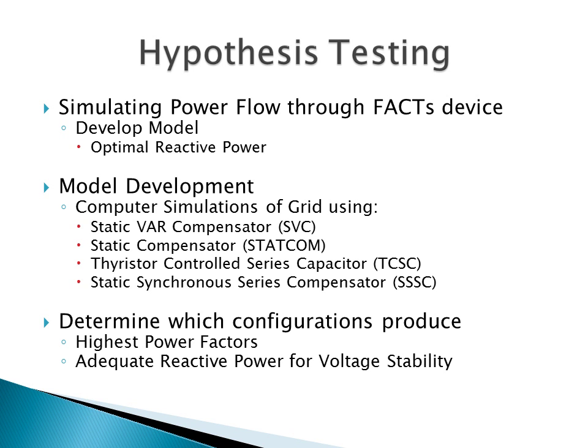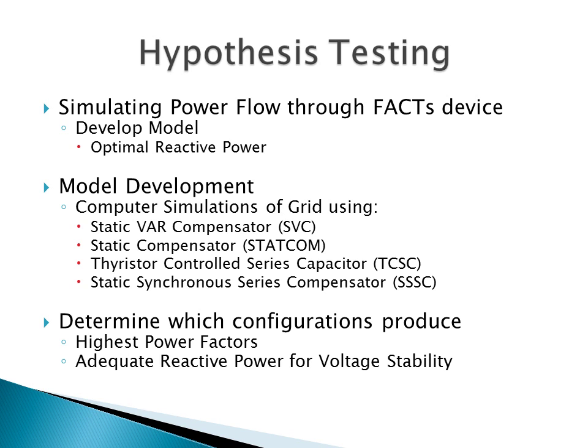I plan to test my hypothesis by simulating the flow of power through a variety of existing flexible alternating current transmission systems, or FACTS devices. I plan to develop a model to determine the optimum reactive power through any given transmission line segment under any given load.